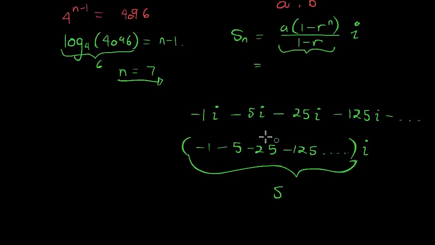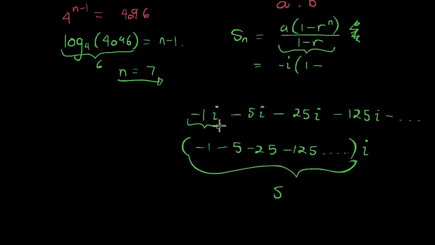Now how many terms should there be? In other words, I'm calculating Sn. What is a? You could have done that if you wanted to. Okay, let's do it the way you wanted. So a is equal to negative i, my first term. What is my constant ratio?